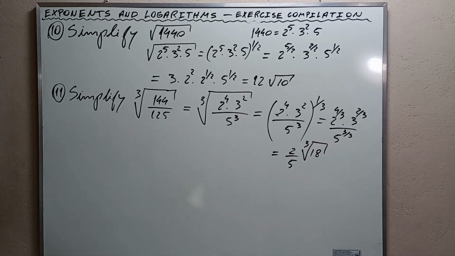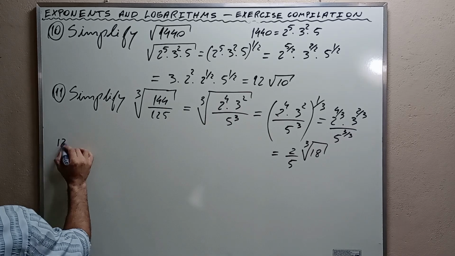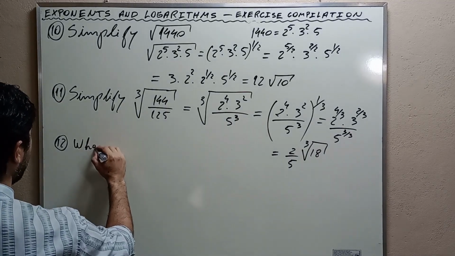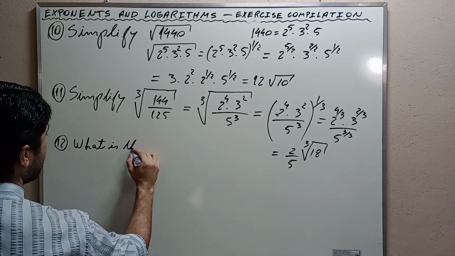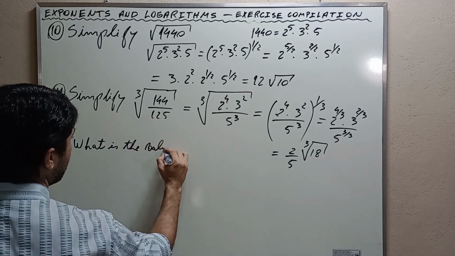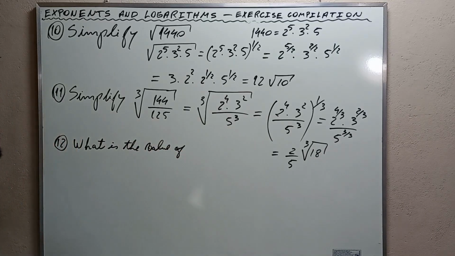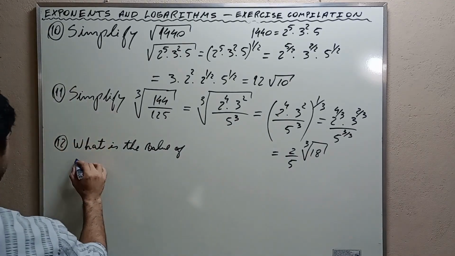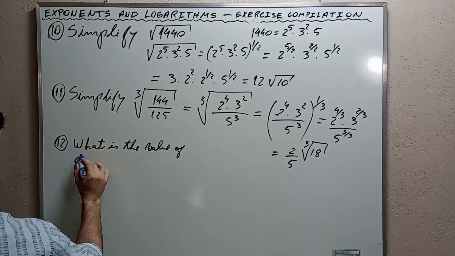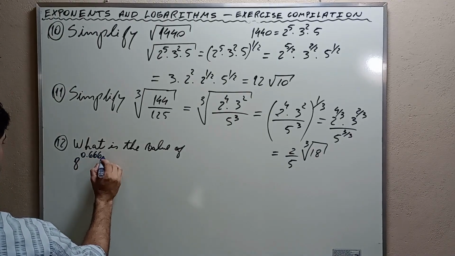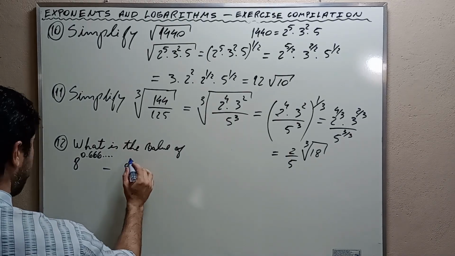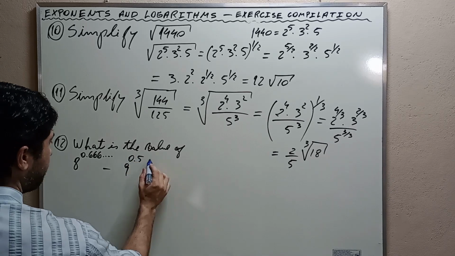And exercise number 12 is of the sort: what is the value of 8 raised to the power of 0.666 minus 9 raised to the power of 0.5.